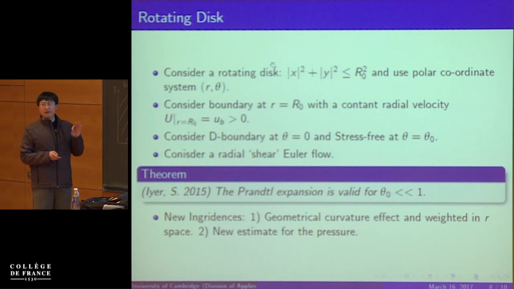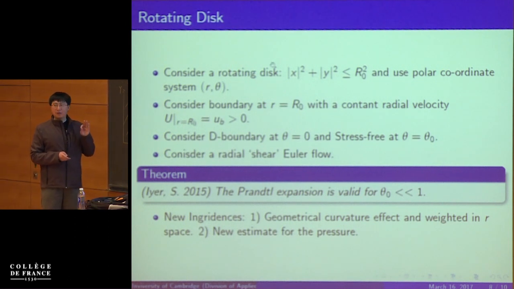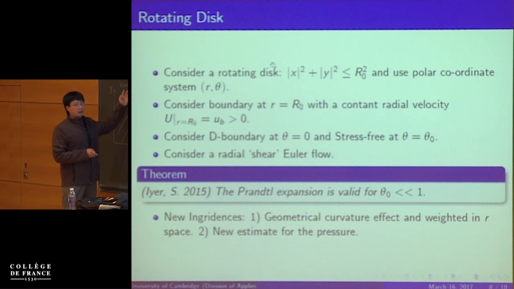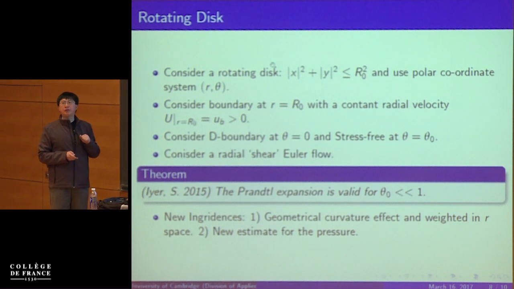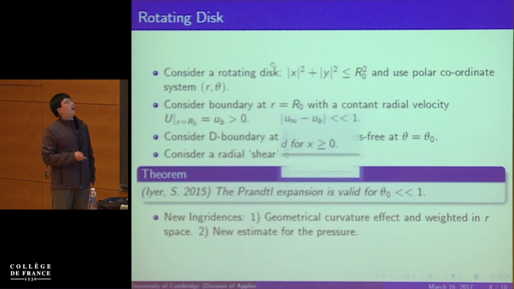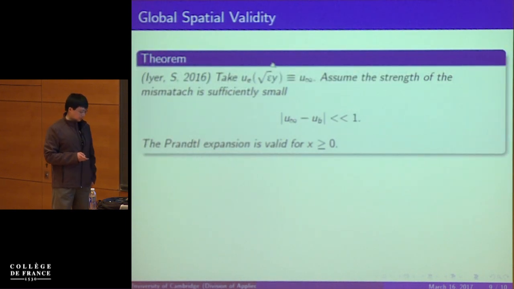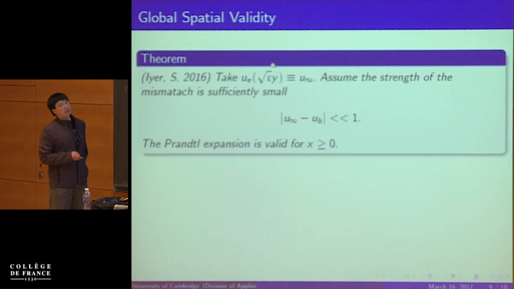Even though it is an epsilon order effect, it presents a new difficulty for the weighted estimate in the horizontal direction. And also there is a new estimate for the pressure. This is the result there.